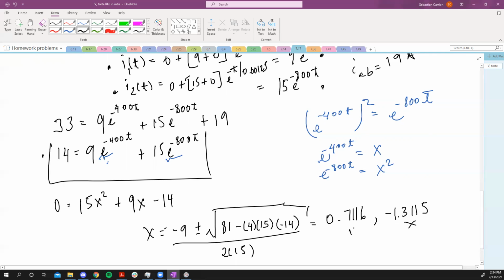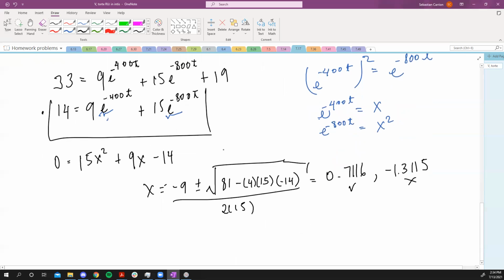The negative value is not applicable, so we go with the positive.